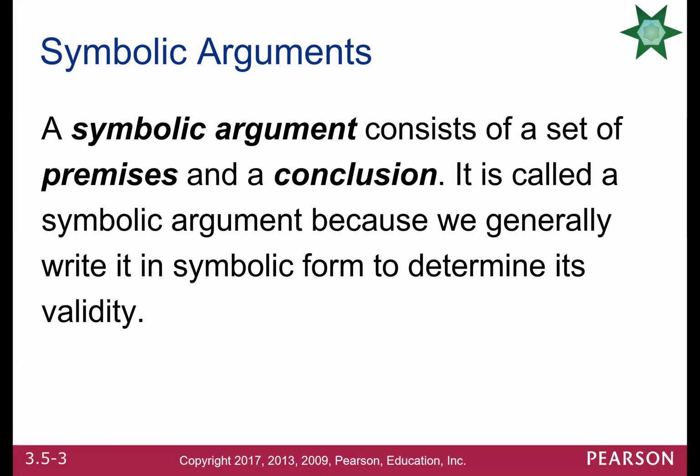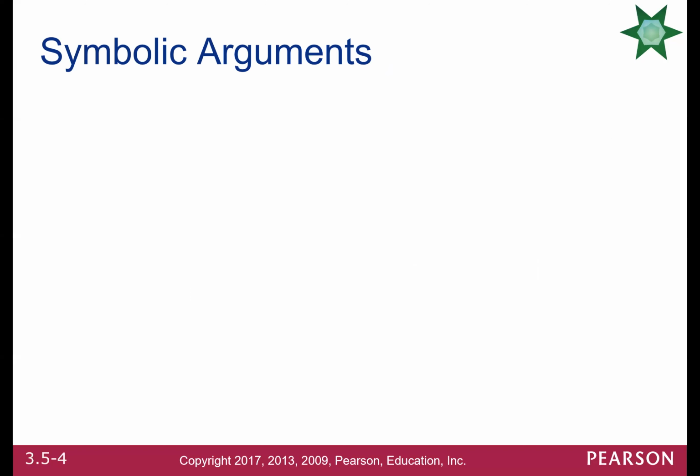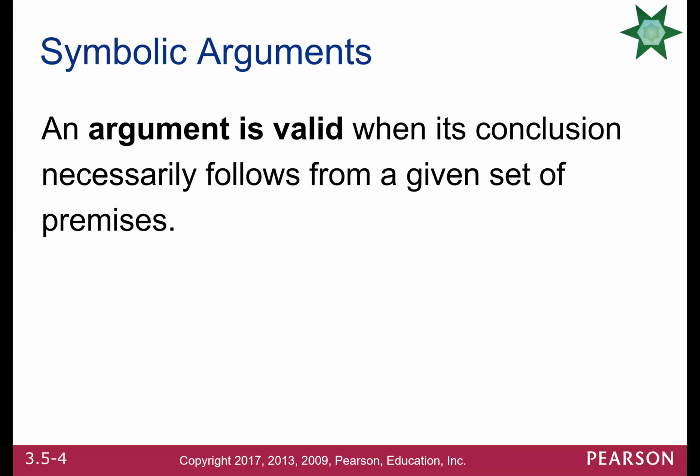A symbolic argument consists of a set of premises and a conclusion. It is called a symbolic argument because we generally write it in symbolic form to determine its validity. An argument is valid when its conclusion necessarily follows from a given set of premises.